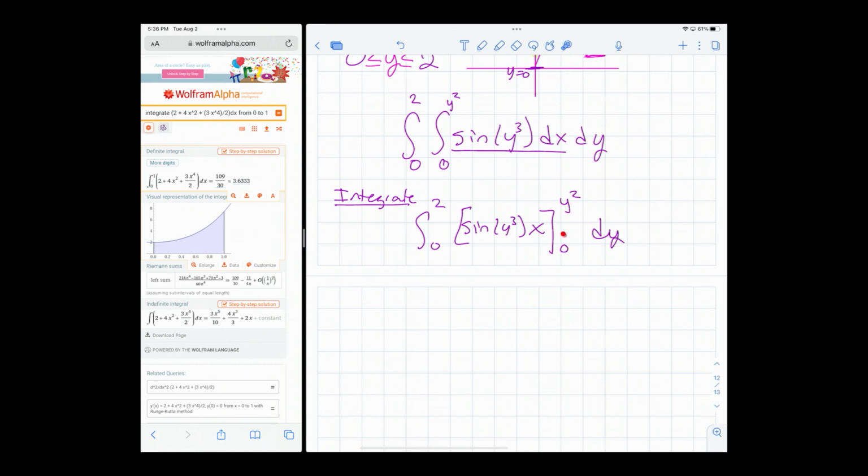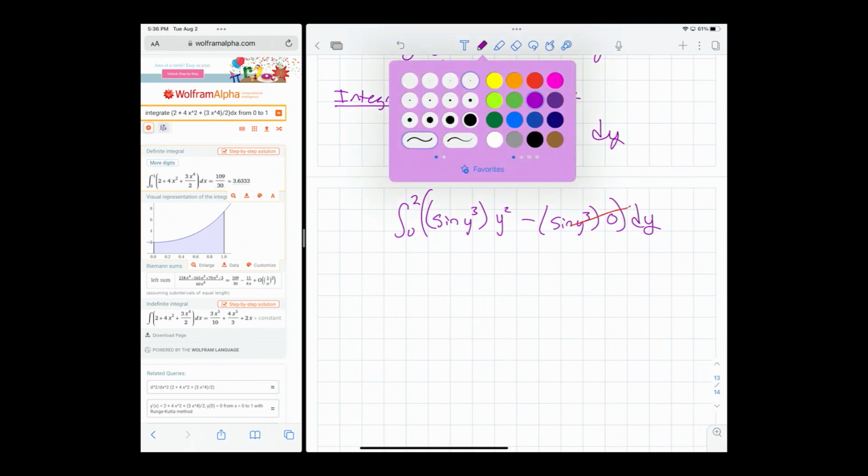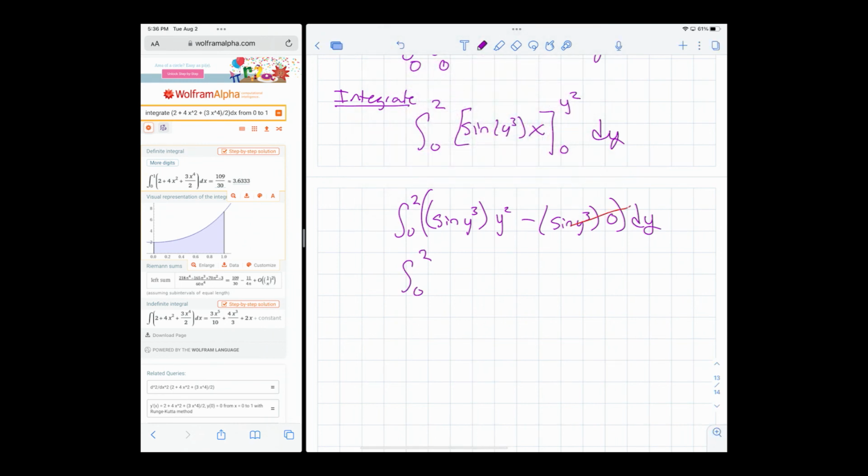You plug your limits in here: sine y cubed times y squared minus sine y cubed times 0 dy. Of course, this one drops off because of the 0. So you end up with the integral from 0 to 2 of simply sine y cubed times y squared dy.